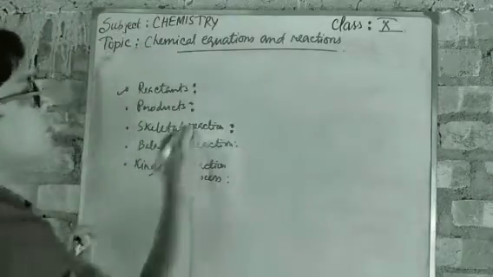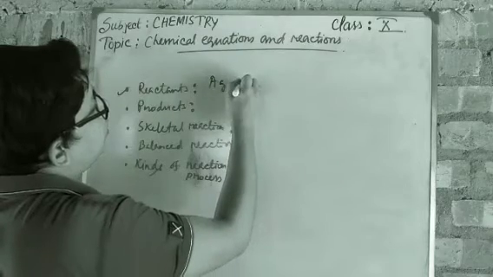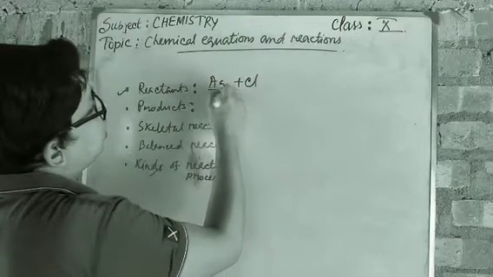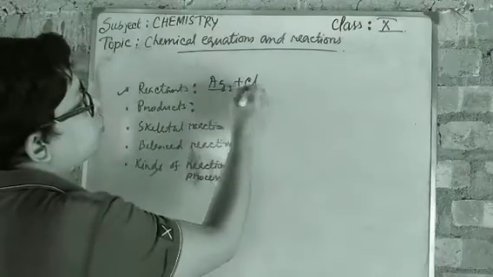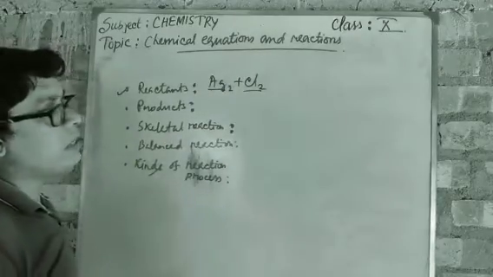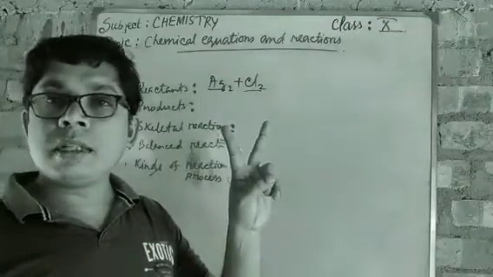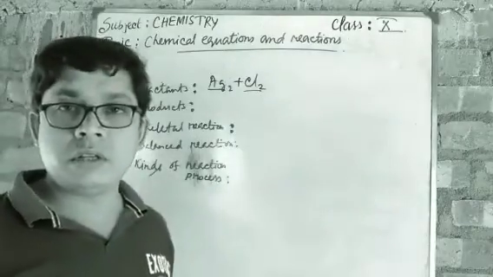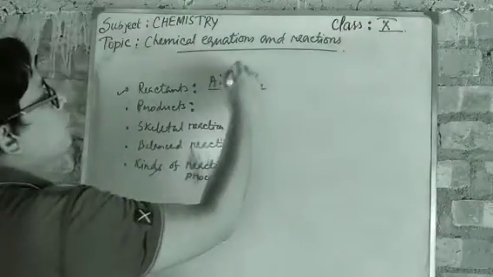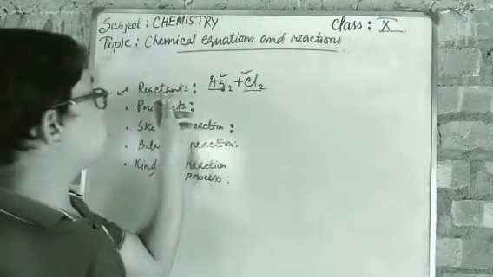Suppose I take Ag plus Cl, that is Ag2 and Cl2, silver and chlorine. Two chemicals I have taken, and I am joining these two to make a new product. That's why these two chemicals are known as the reactants.